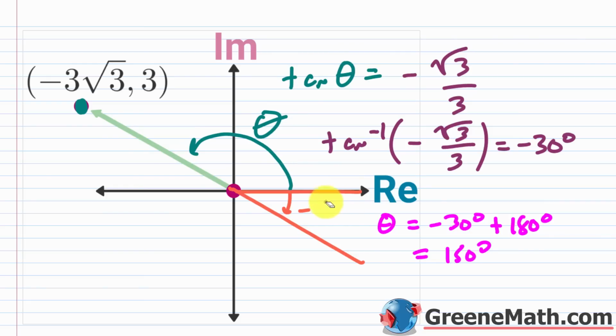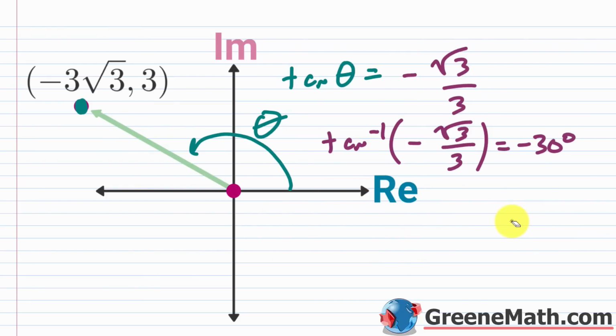Again, the other way you could have done this, let me get rid of this. You could have just said that the inverse tangent of square root of 3 over 3 is 30 degrees. So that's my reference angle in quadrant 2. So this angle right here would be 30 degrees. So basically, you would go 180 degrees minus 30 degrees, and that would give you 150 degrees. So again, theta is going to be 150 degrees here.